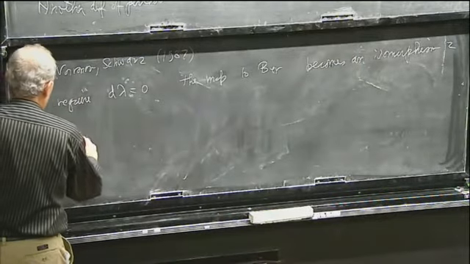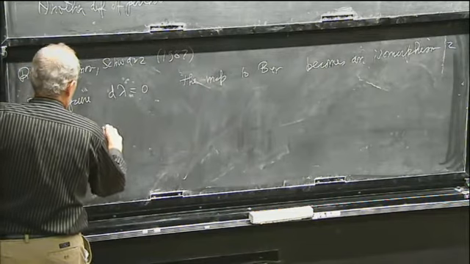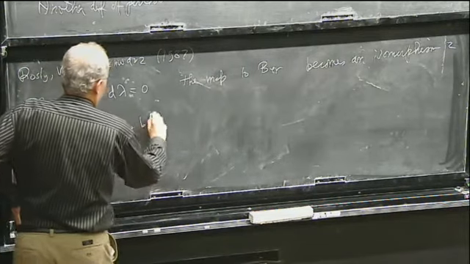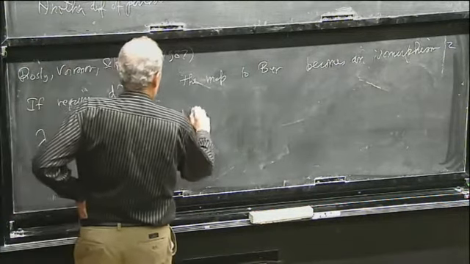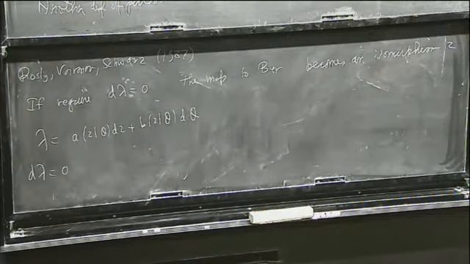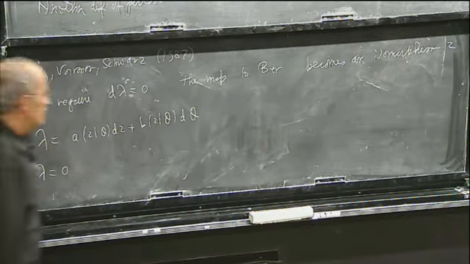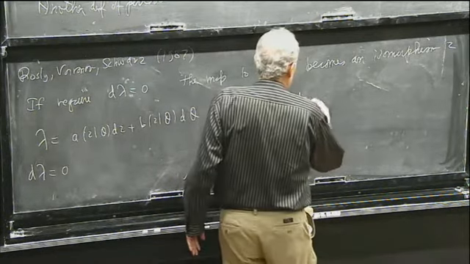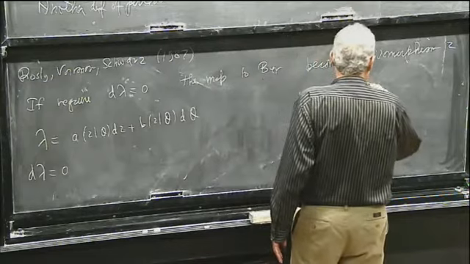So we write lambda is a(z|theta) dz plus b(z|theta) d theta. And let's concretely try to impose the condition that d lambda equals 0. First of all, d lambda is going to be a holomorphic 2 form. But unlike an ordinary Riemann surface, on a super Riemann surface, a holomorphic 2 form isn't 0, because remember, we will have dz d theta, and we'll also have d theta squared.